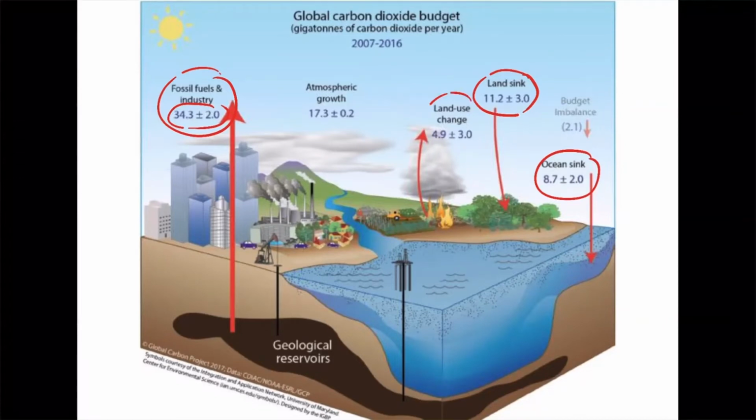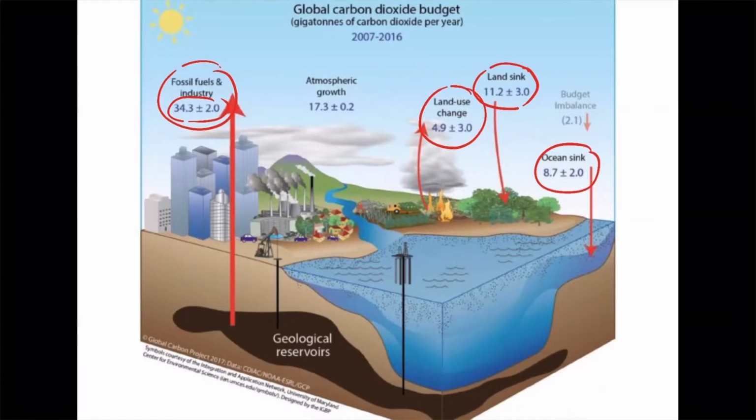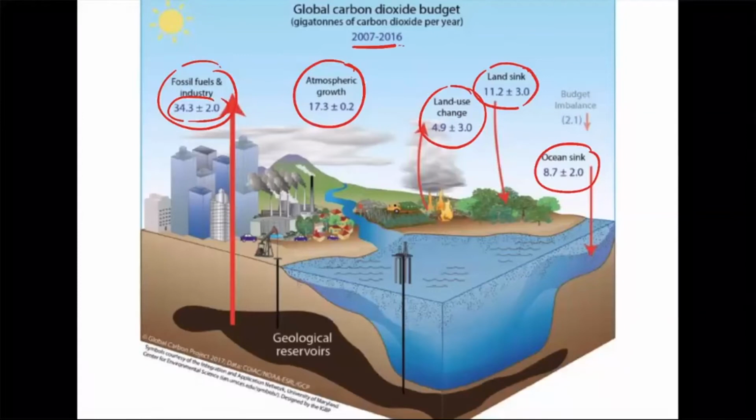By burning the forest, humans change these forests into farmlands, so this also emits a fraction of the carbon dioxide. By calculating these sinks and sources, you can see that the atmosphere takes up a lot of this carbon dioxide over the past 10 years, 2007 to 2016.